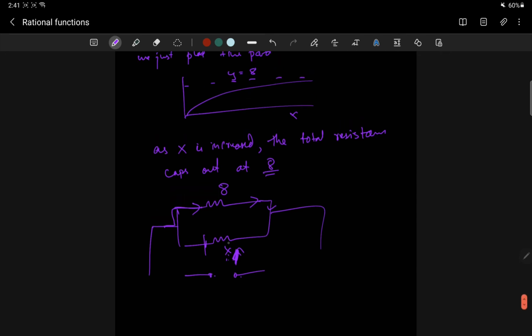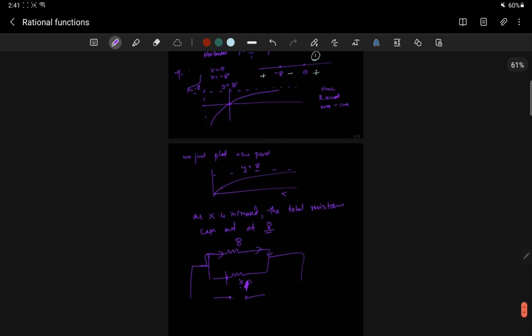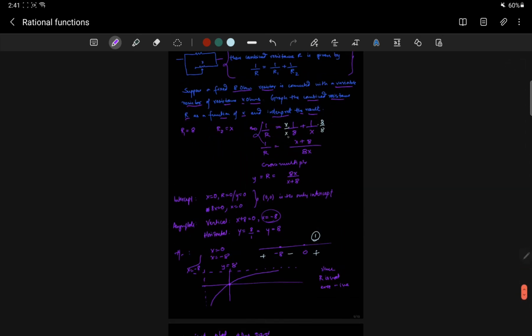However, as you make x smaller and smaller, the resulting resistance becomes smaller and smaller. So this gives us control over how the current is flowing, in particular if you want the resistance at infinite value to become fixed at 8.